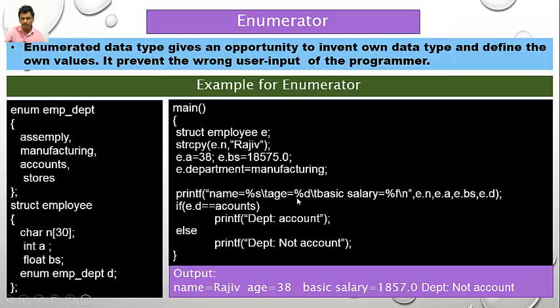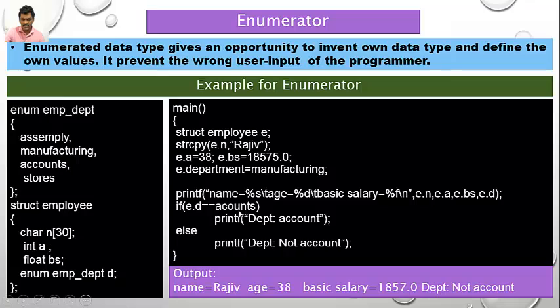Printf name equal to percentage s, age equal to percentage d, basic salary equal to percentage f, of E dot n, E dot a, E dot bs. So it displays name equal to Raju, age equal to 38, basic salary equal to 18575. Then dept not account.